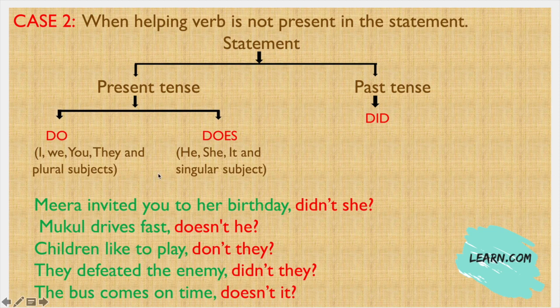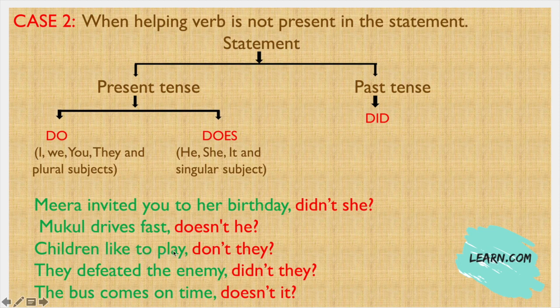He. Now where is he? See here, he falls under does. So the helping verb we have to use here is does. Since the sentence is positive, we are adding not here. Doesn't he? Right?